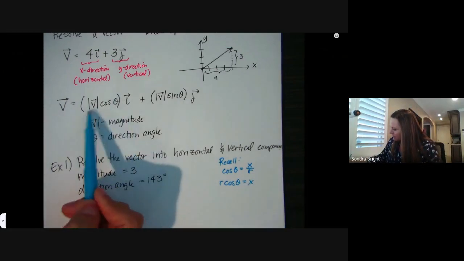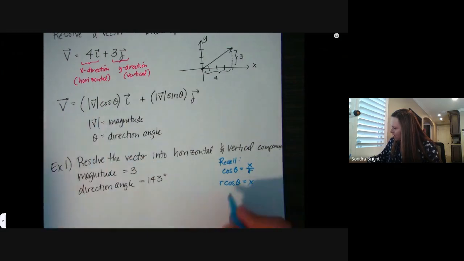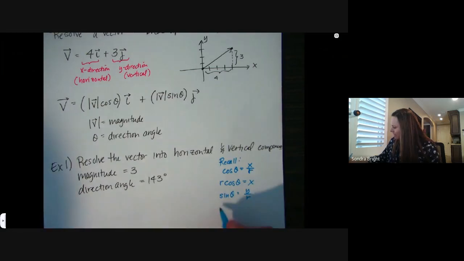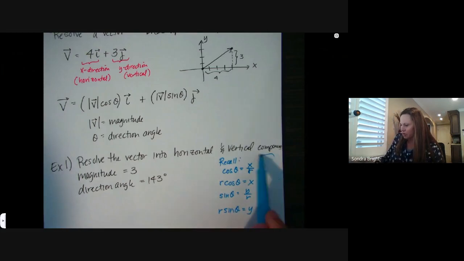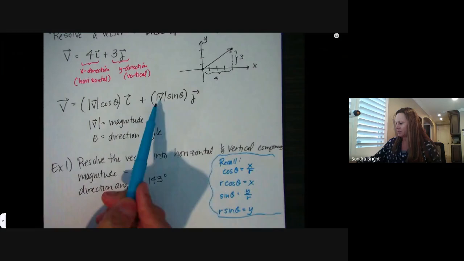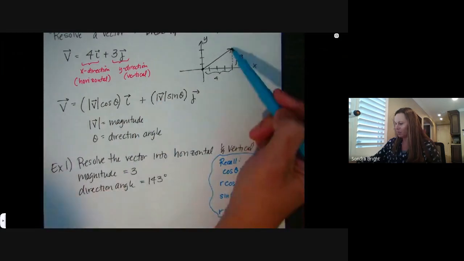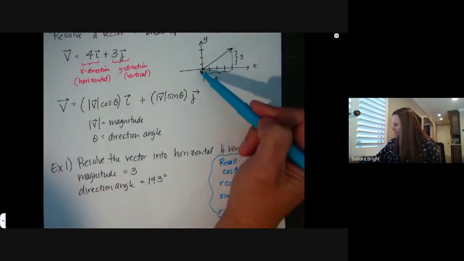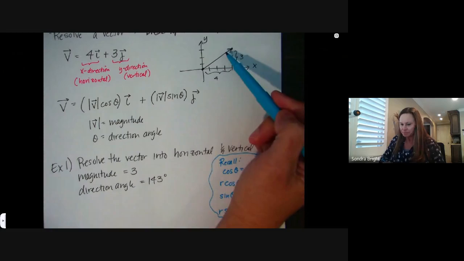And then if you remember that sine of theta is y over r, and by multiplying both sides by r, that means y is equal to r times sine of theta. So that's where your r is, that distance from the origin to the end of your vector. So this is r, or the magnitude of your vector. So that's where those are coming from.